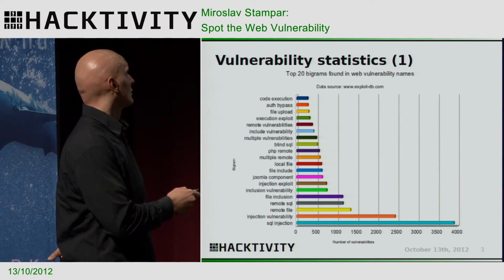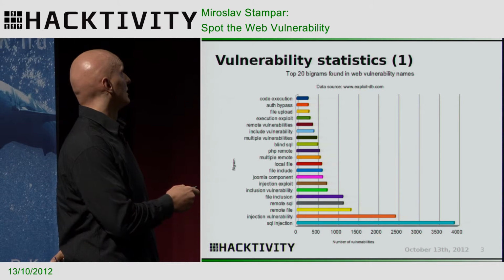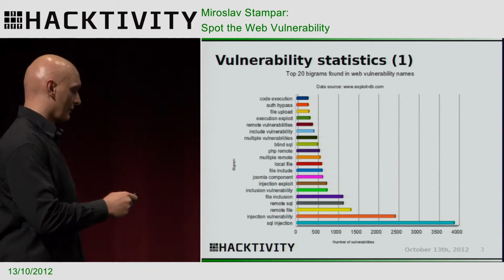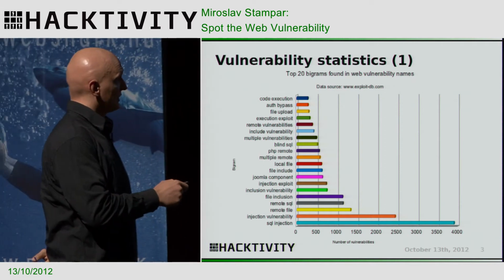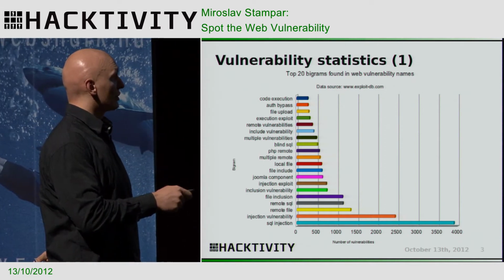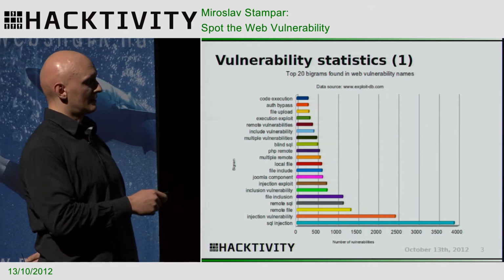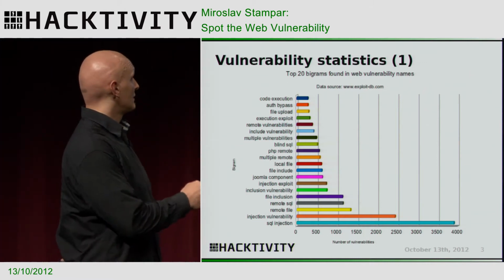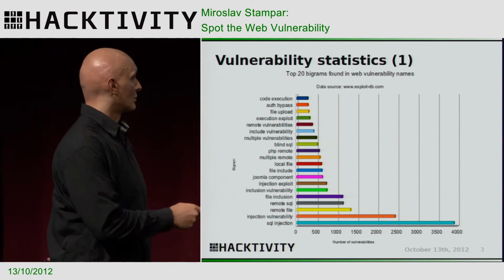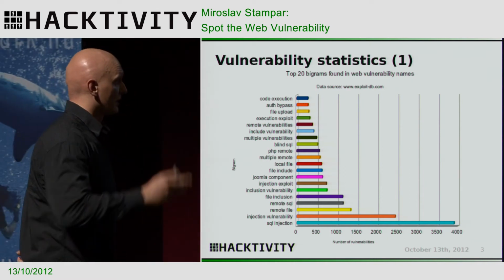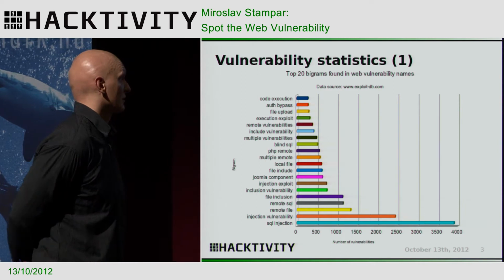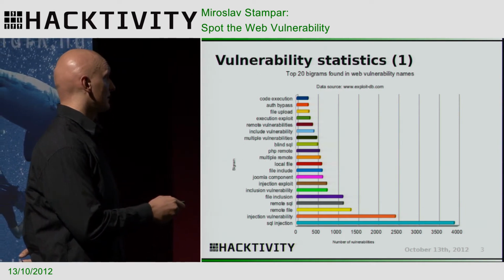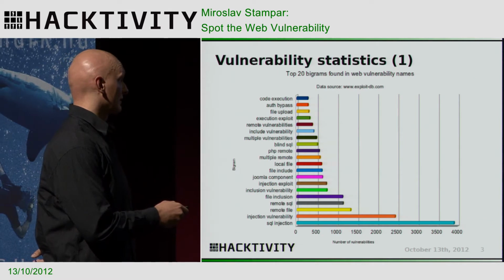You see also more SQL, remote vulnerabilities and stuff like that. This is just for you to see what's going on in the vulnerability world. What is hot, what's not hot. This is only the top 20 bigrams, so there is lots of other stuff going on. You should just have the clear vision that this is by far the most exploited stuff going on.